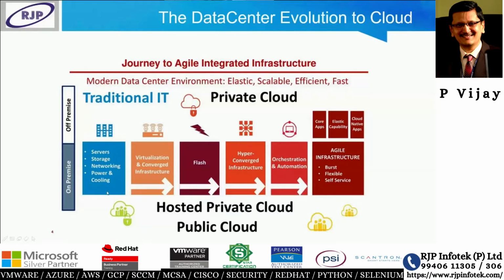Now what happened to this data center? The first step of evolution, it got virtualized. Servers were virtualized. In the sense, I don't mean that they became virtual. What I mean is one server was virtualized technically, and multiple servers were born in one hardware.